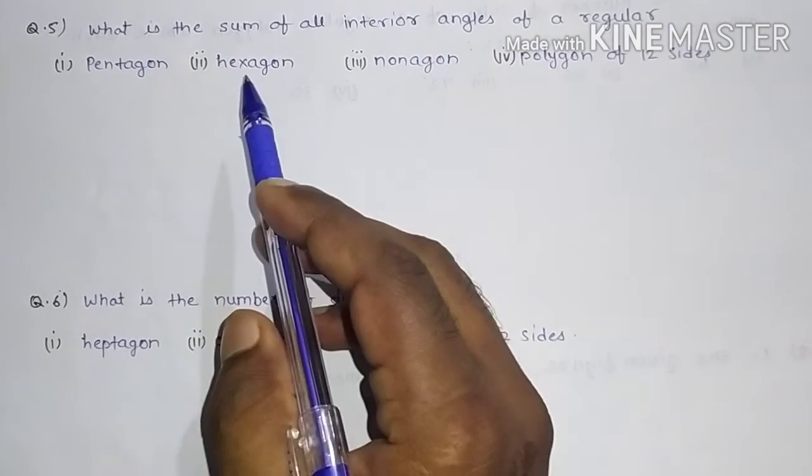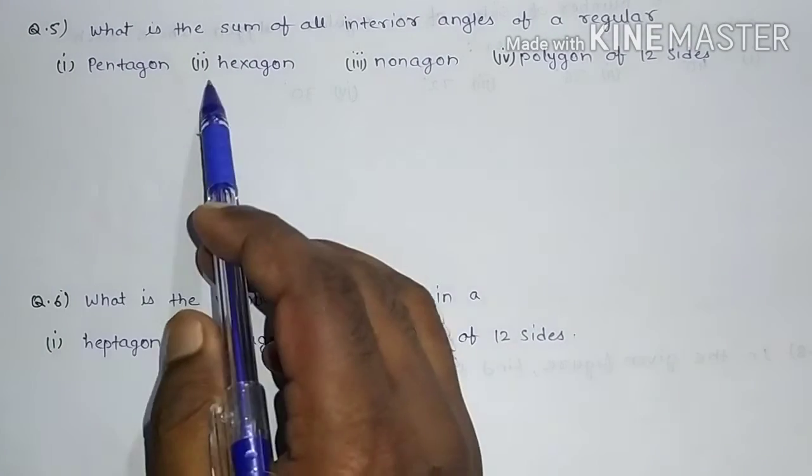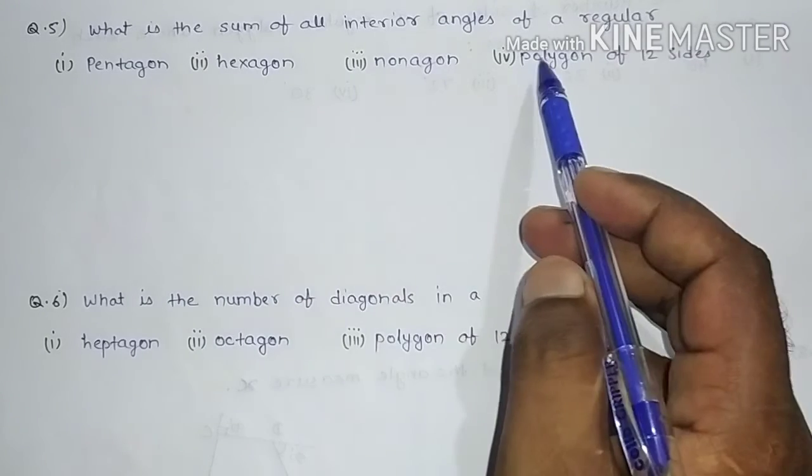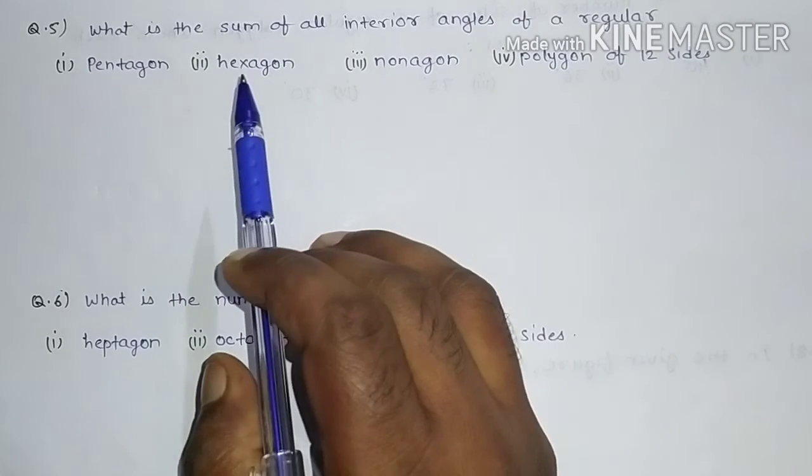What is the sum of all interior angles of a regular polygon: first pentagon, second hexagon, third nonagon, fourth polygon of 12 sides. Here we have to find the sum of all interior angles.